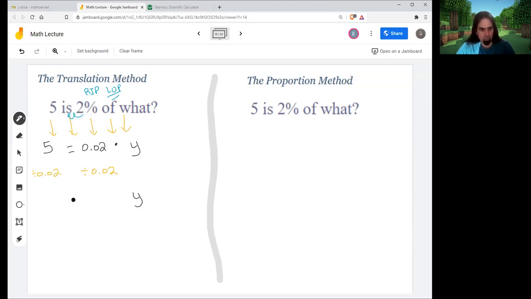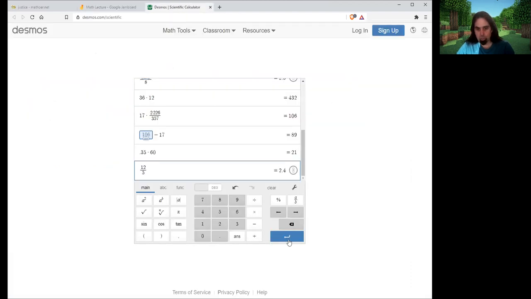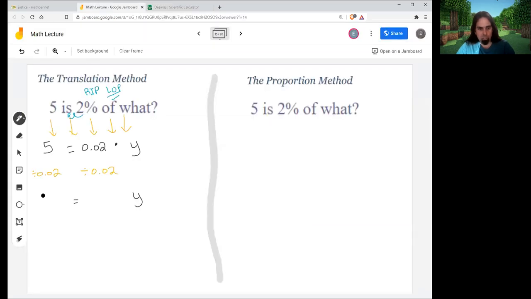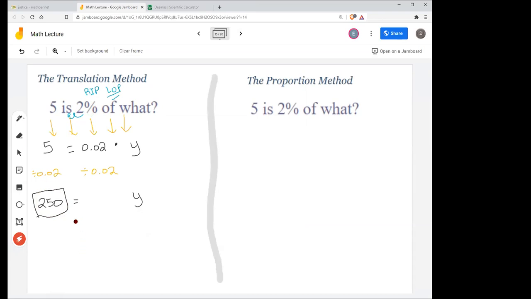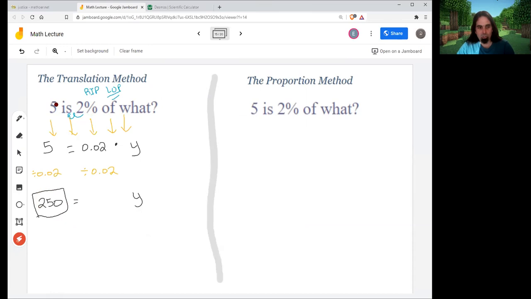Y is still around, and 5 divided by 0.02 gives me 250. Does that seem reasonable as an answer? 5 is just a little bit of 250. If I got 10, I would be suspicious. 5 is like half of 10, that should be 50%. But 5 being just a tiny bit of 250 makes sense.